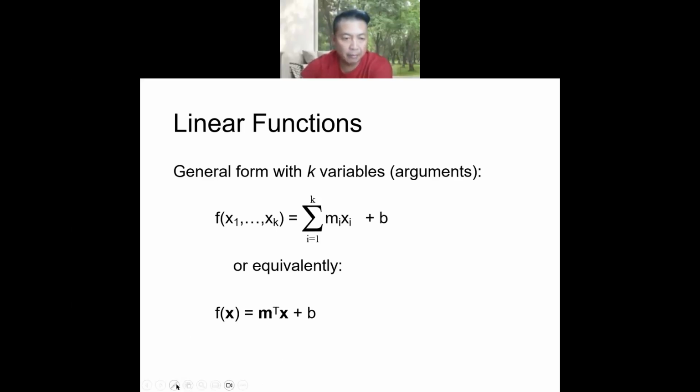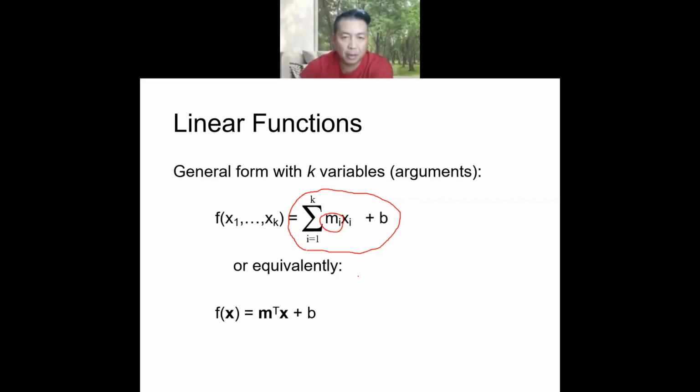So this is a general function when you have more than one x, which means your x are from 1 up to k. At the same time, you require the coefficients to be learned or estimated in order to draw a line.